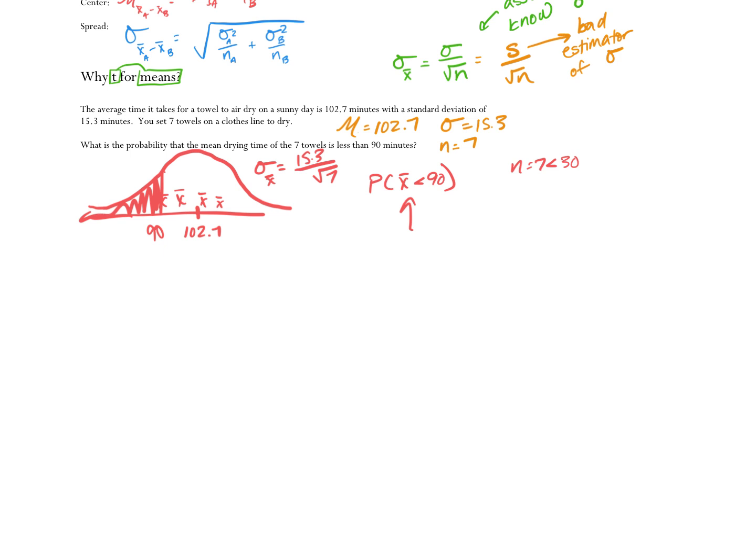So you can't see it, but I'm typing this into my calculator right now, my lower being negative a gajillion, my upper being 90, my mean being 102.7, and my standard deviation being 15.3 divided by the square root of 7.